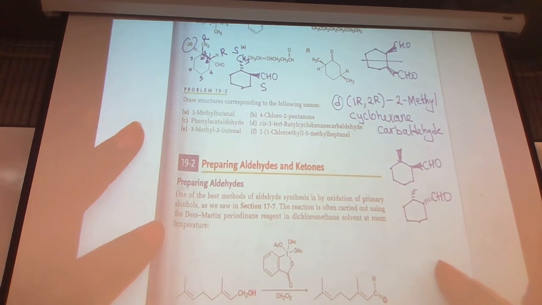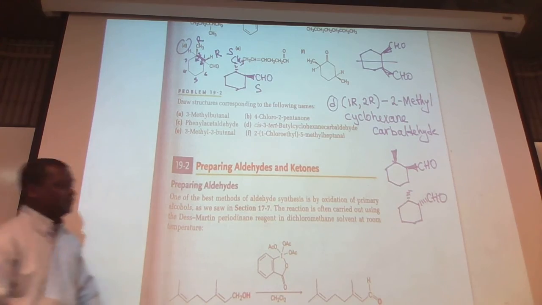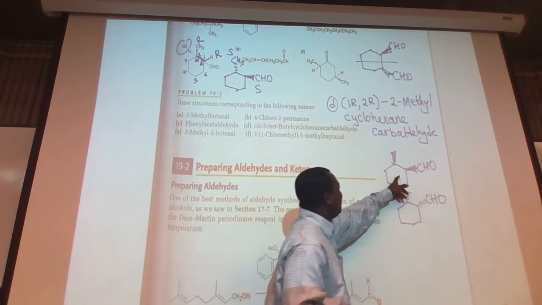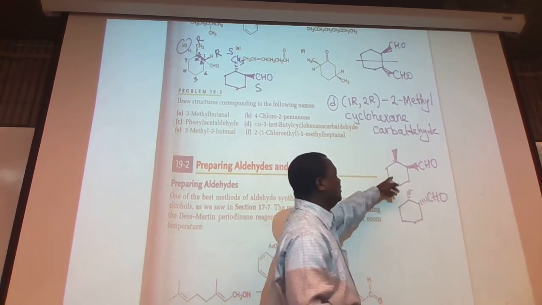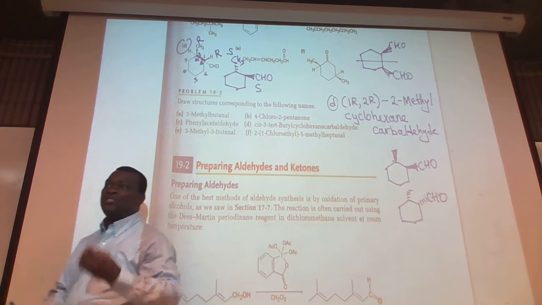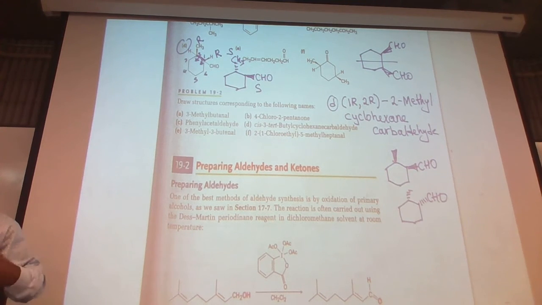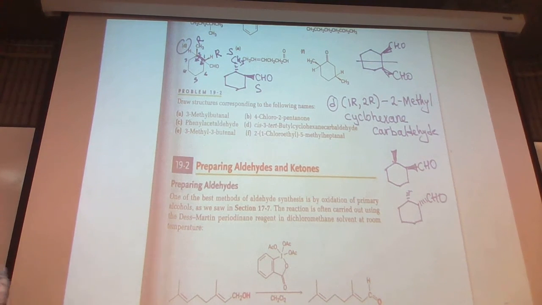And then if we're asked to name any of those, what's the relationship of these to the first structure? Diastereomer. They are diastereomers, because you have inversion of stereochemistry at 1 chiral center, not at both chiral centers. So those are the things you have to review. It's very important. I just saw that, and I said I should bring it up to you guys before we move on to the ketone.